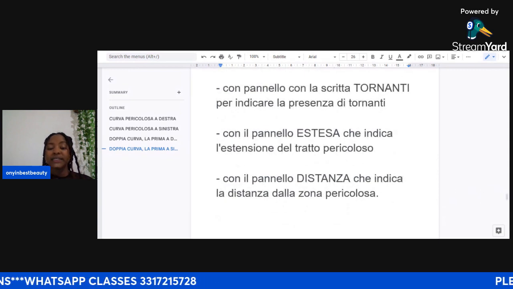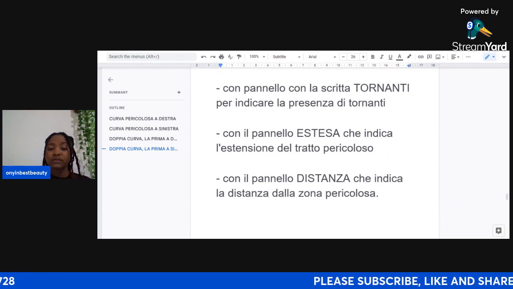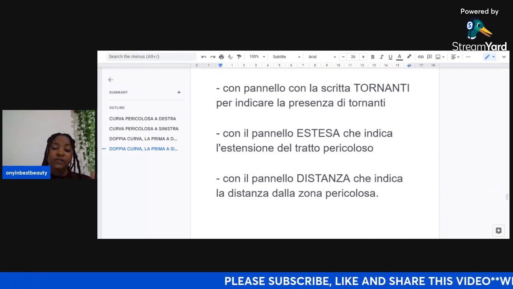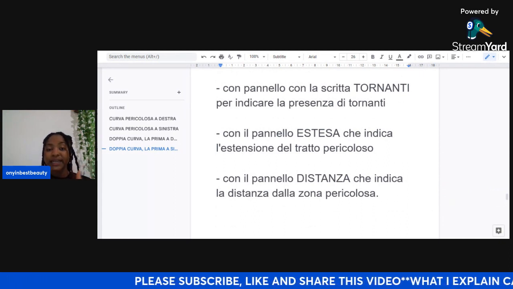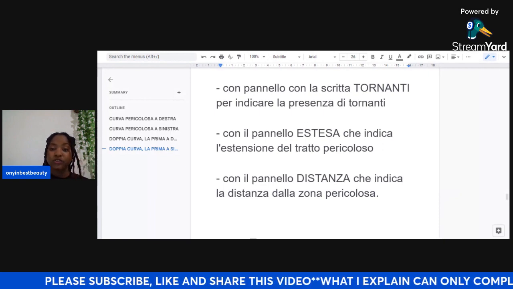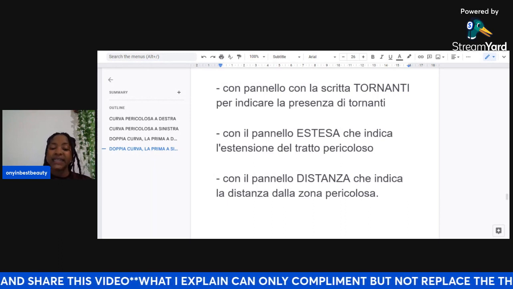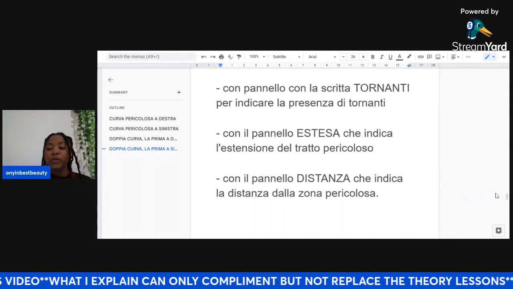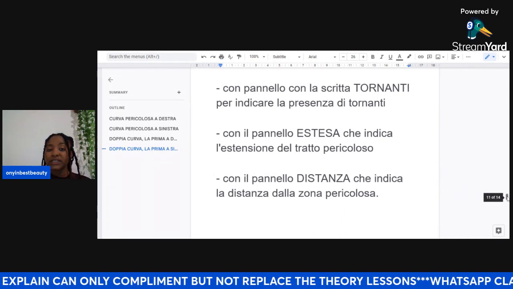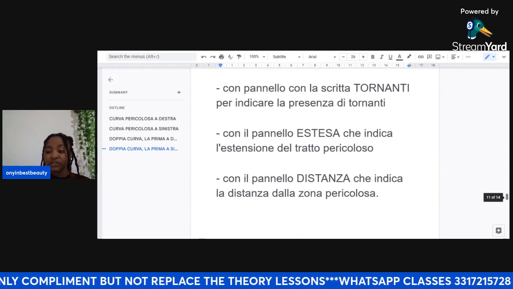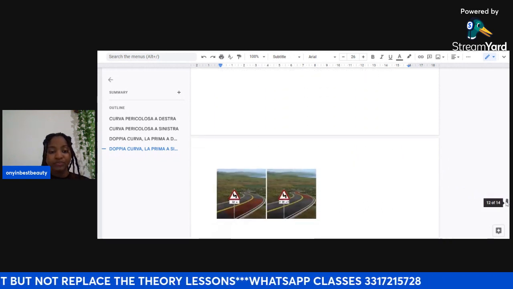Con il pannello estesa che indica estensione di tratto pericoloso, with the extension panel, to tell you the length, okay, the longness of that particular dangerous road. Con il pannello distanza che indica la distanza da zona pericolosa, where they tell you the distance from where you see this sign to where this particular dangerous road starts.